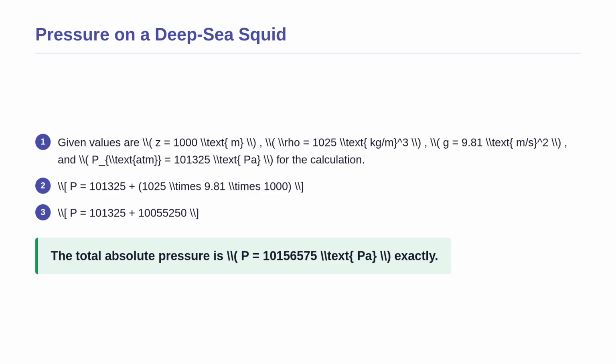This tells us that the water column alone exerts over 10 million pascals of pressure. We then add the surface atmospheric pressure to find the absolute total. The final answer is over 10,156,000 pascals. This is roughly 100 times greater than the pressure we feel on land, explaining why bringing these creatures to the surface too quickly is fatal.